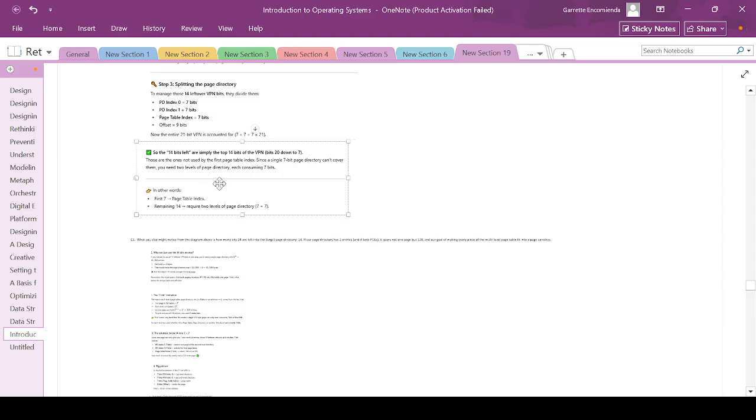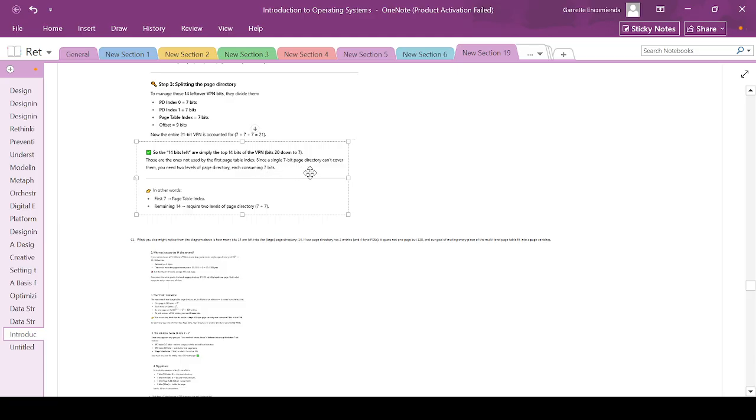So the 14 bits left are simply the top 14 bits of the VPN, bits 20 down to 7. Those are the ones not used by the page table index.